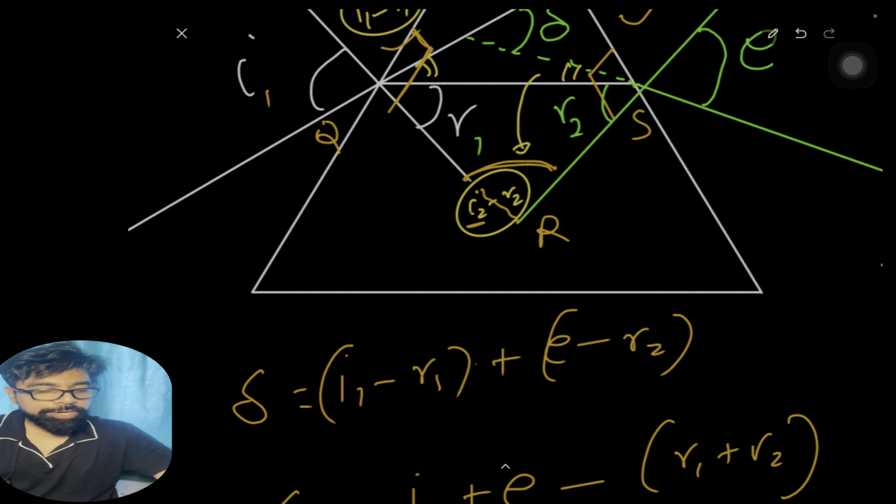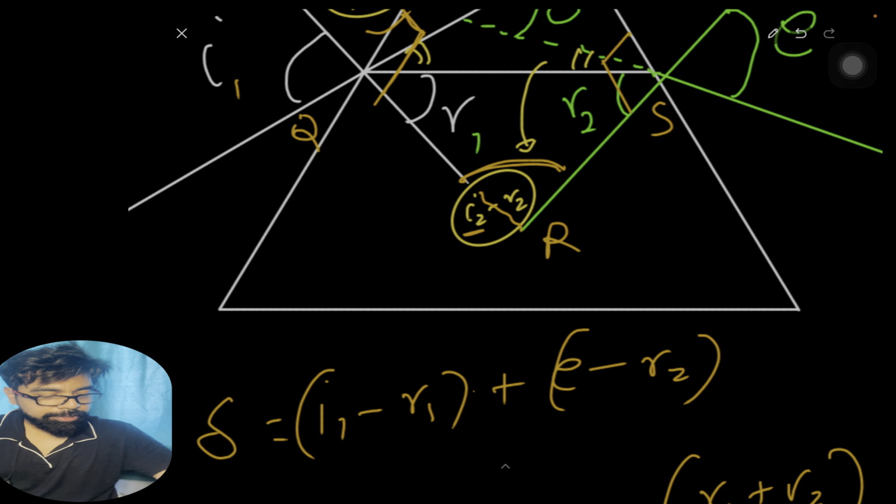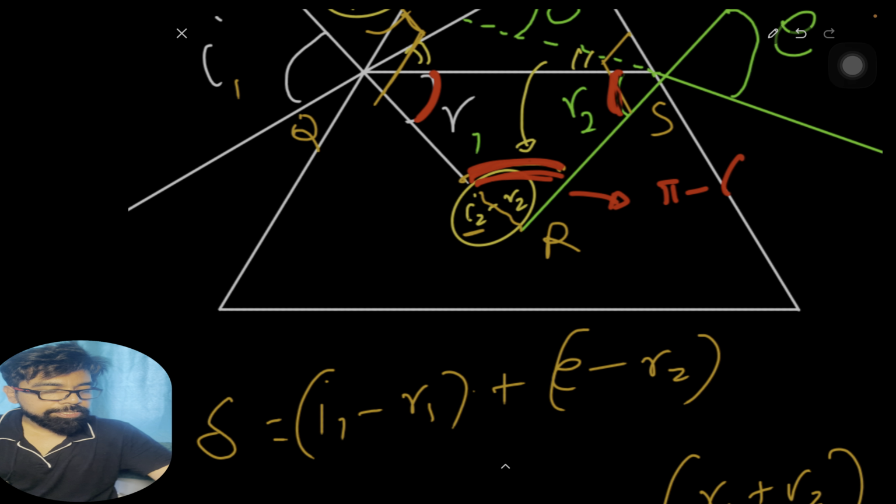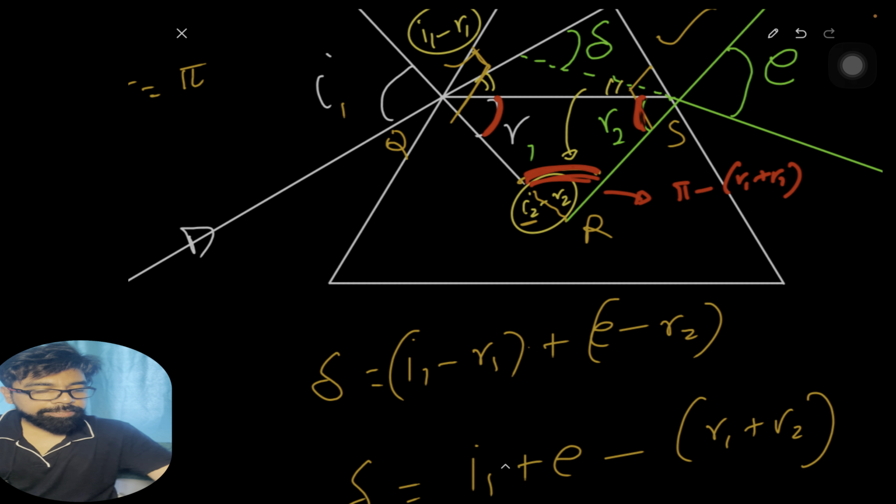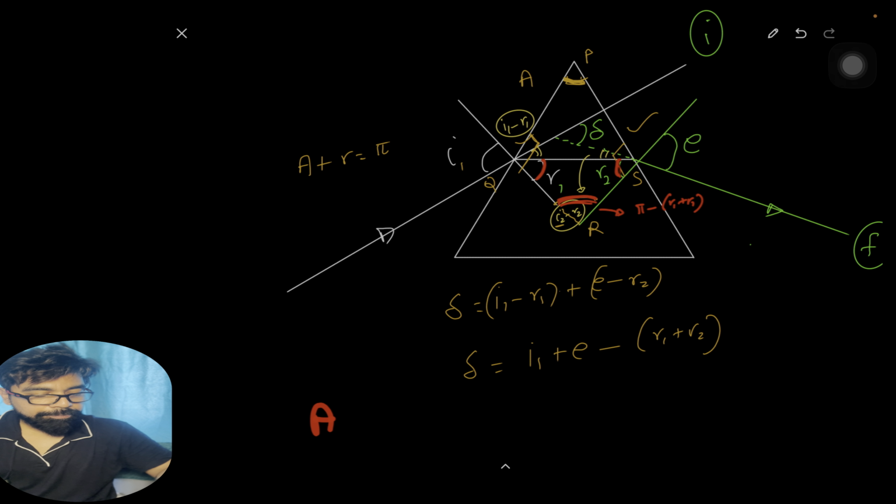But what is angle R? If you focus on the triangle QSR, you can see this angle is how much? R1. This angle is how much? R2. That means what will be the value of the angle capital R? It's going to be pi minus (R1 plus R2). That means capital A plus pi minus (R1 plus R2) must be equal to how much?